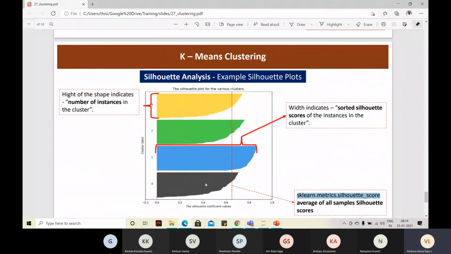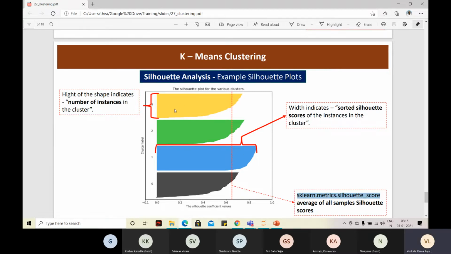But if it is coming somewhere like here, then you shouldn't take it. These cluster knives should be within that average. Got it? Equally distributed. If this line comes somewhere here, that means clusters are equally distributed. So this line should be close to the tips of the knife.